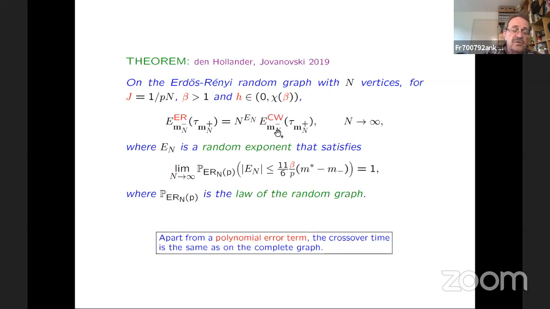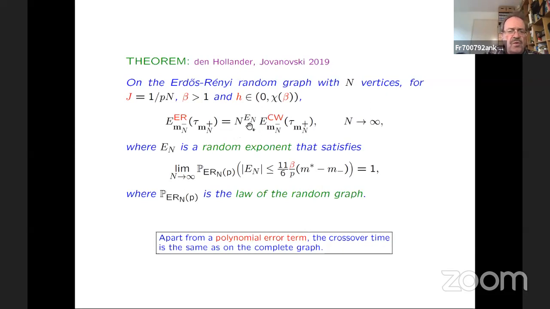The leading order term was e to the n times gamma. So the leading order term is exponential in n, and there's a polynomial correction, and we were able to prove that this exponent cannot be too big. It's actually, with probability 1 under the law of your Erdős-Rényi random graph, bounded by something that is given like this in terms of the parameters.